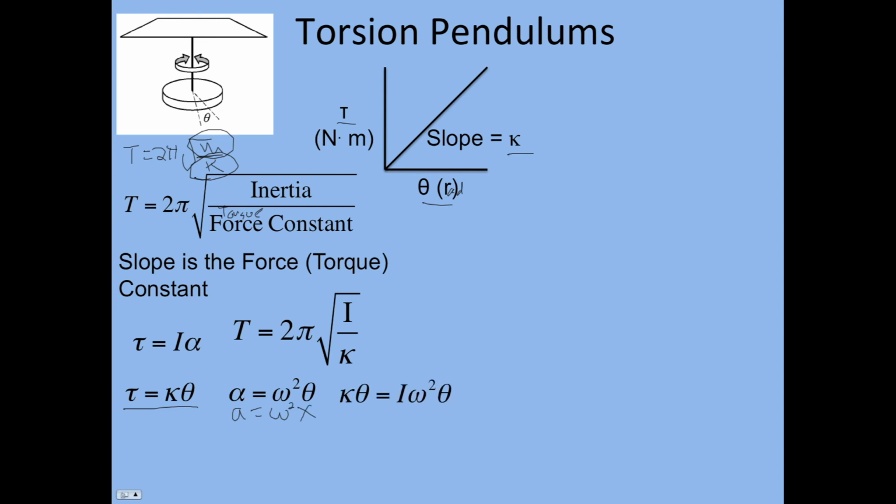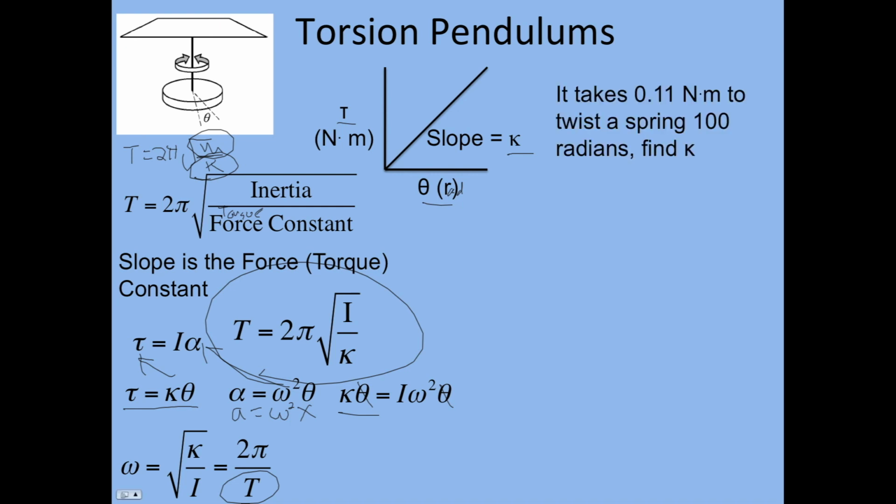And so if we put this in for torque and this in for alpha, we get kappa theta is I omega squared theta, and the thetas go, and you get omega is square root of kappa over I, and we know that's 2 pi over the period, so if you solve for the period, you'll get this. So two different ways of doing it. One, a sort of graphical way of thinking about it, but once you derive what the torque is as a function of theta, you can come up with it.